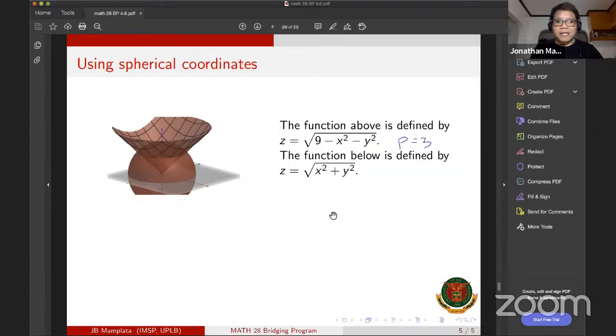What is the equation of the cone in the spherical coordinate system?